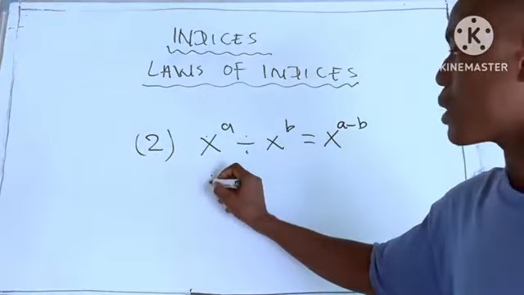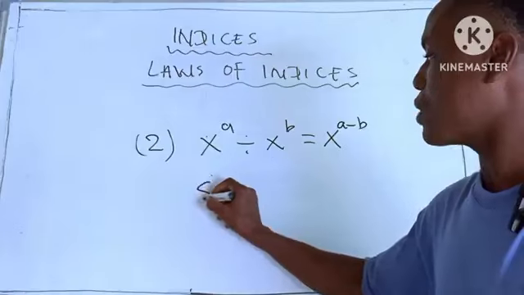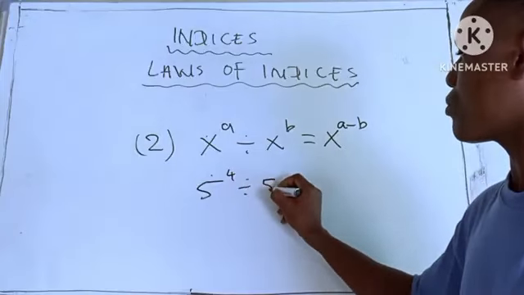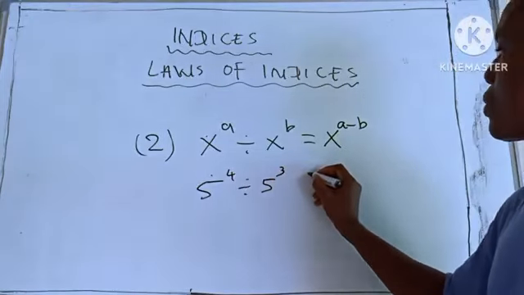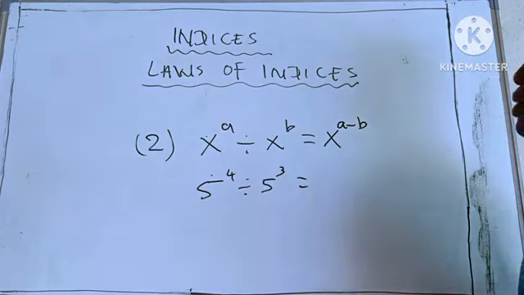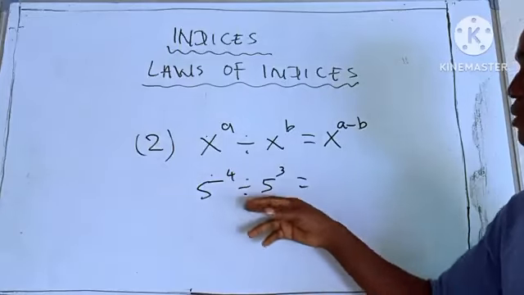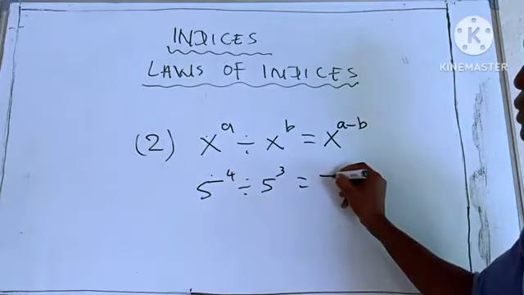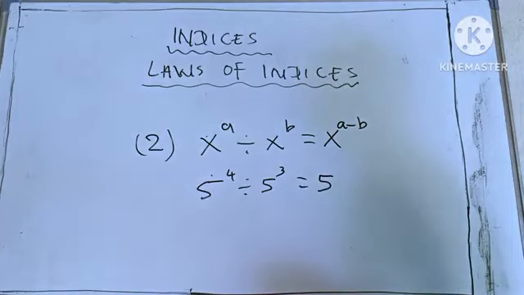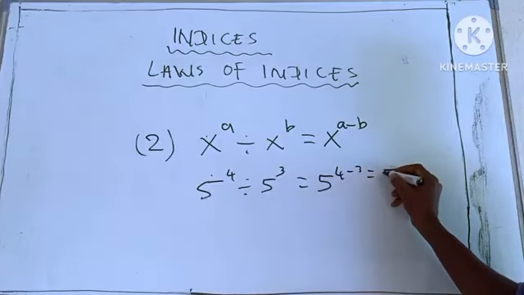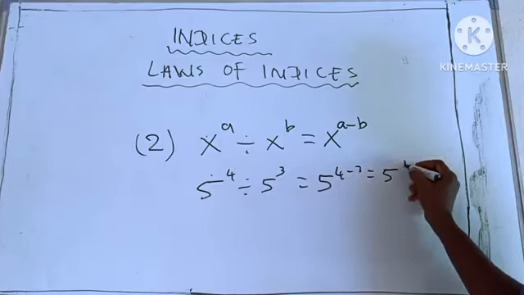Let's use numbers for example. Let's say we have 5 raised to power 4 divided by 5 raised to power 3. We have 5 and 5, the same bases, right? So you take one, then minus the up numbers, which is 4 minus 3, to give us 5 raised to power 4 minus 3, which is 1.